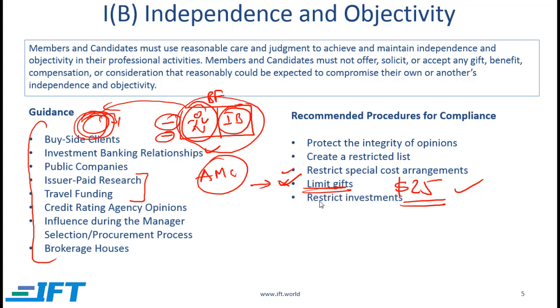The next point is restrict investments. Here you need to encourage your firm to develop formal policies related to employees purchasing equity or equity related IPOs. Just to understand what's going on here, say you are writing a research report on a particular company and you know that you are going to issue a strong buy recommendation.